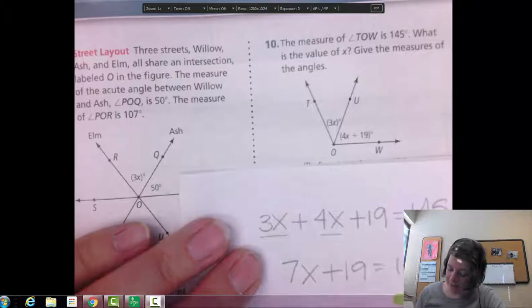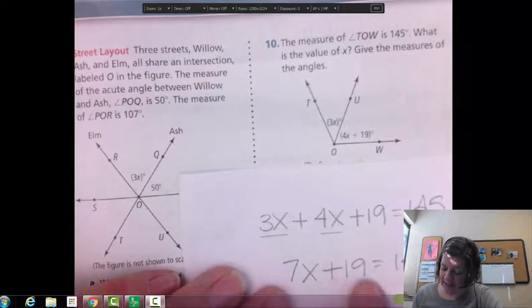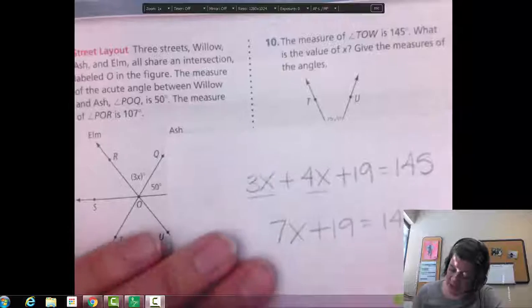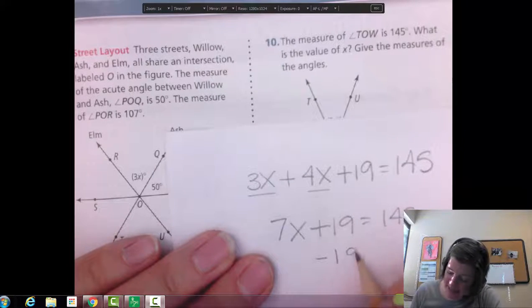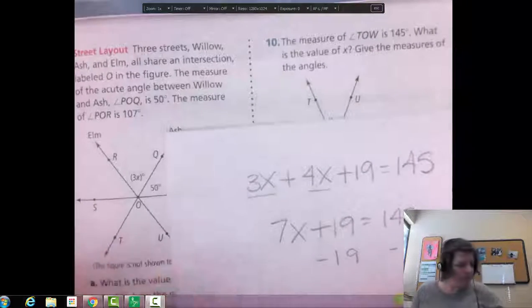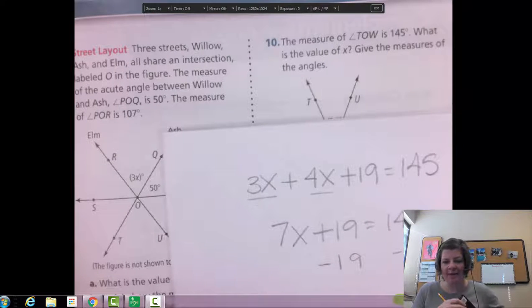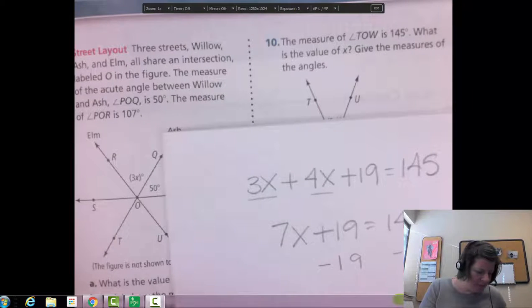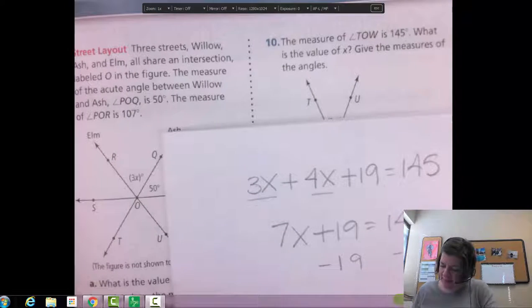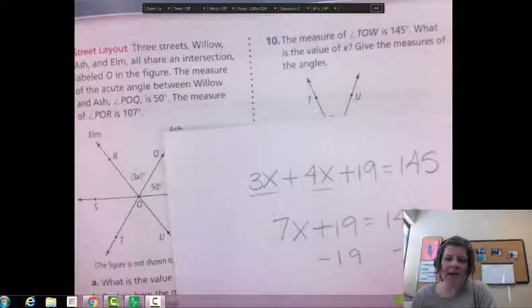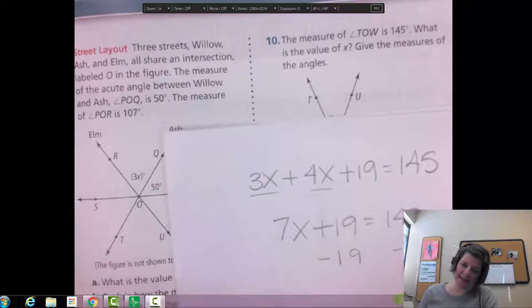Then from there, here's my x, so I have to get rid of what's added or subtracted first. So I'm going to minus my 19 over. So 145 minus 19, which is not a hard one. For some reason, I couldn't think of 126. I was trying to think, subtract 20 and then add 1 back on because you're at 19.